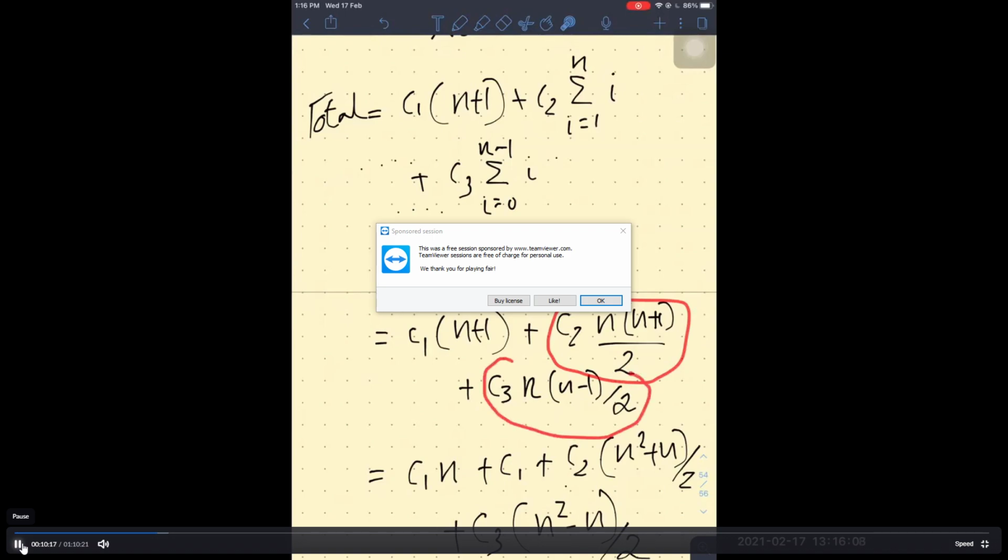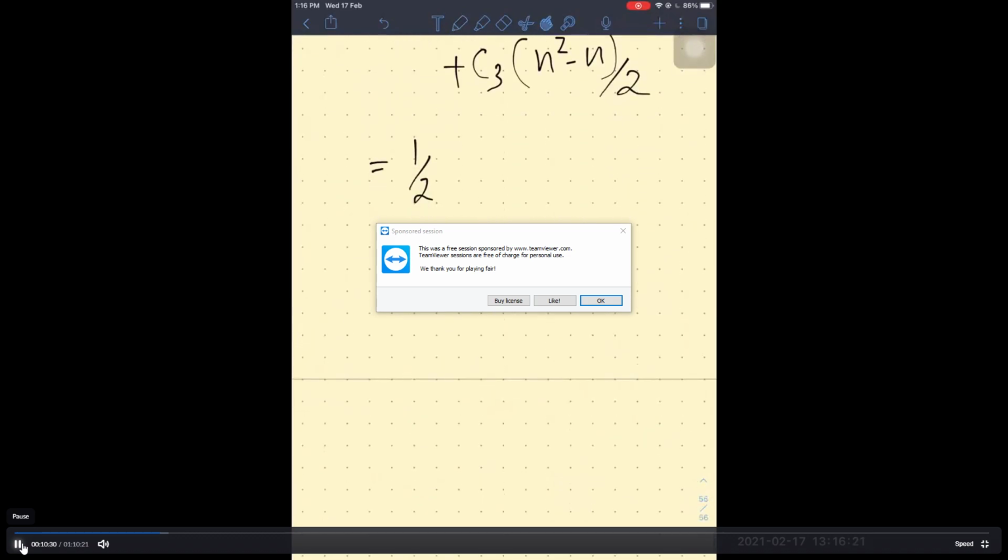So we have the formula for the arithmetic progression. The sum of any series for the first n natural numbers, 1 plus 2 plus up to n, will be n times n plus 1 divided by 2.